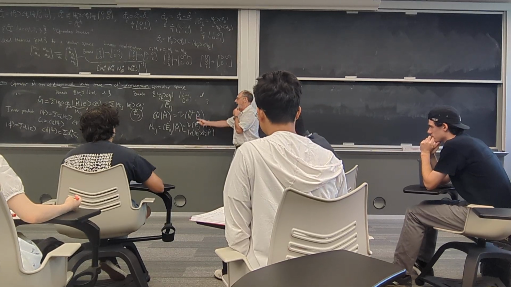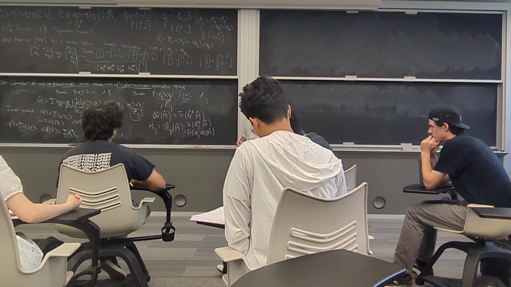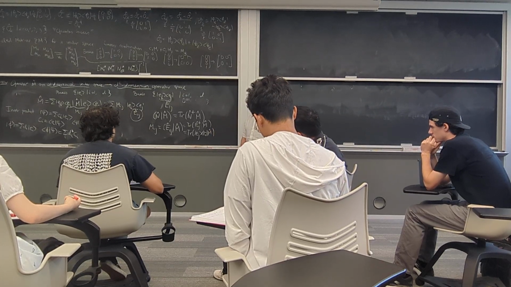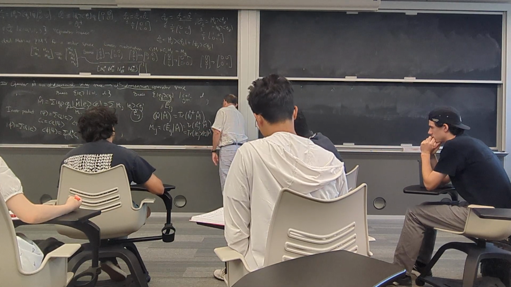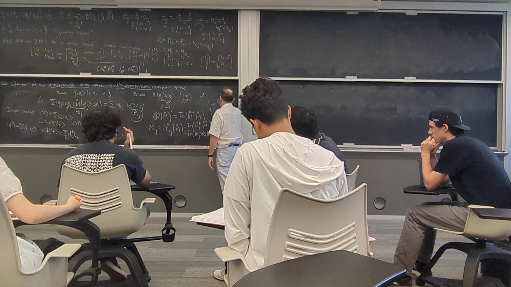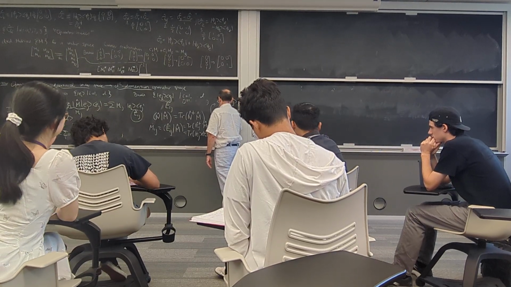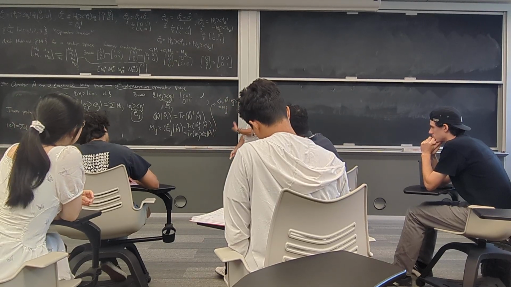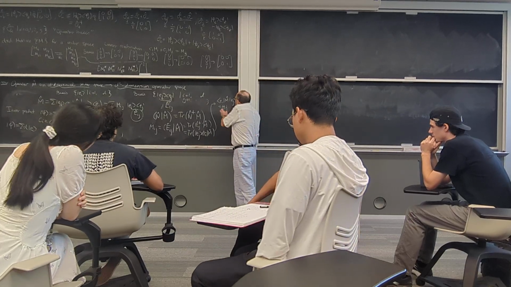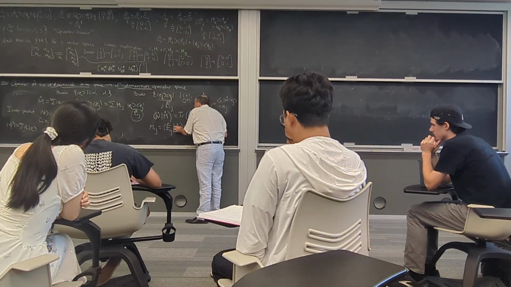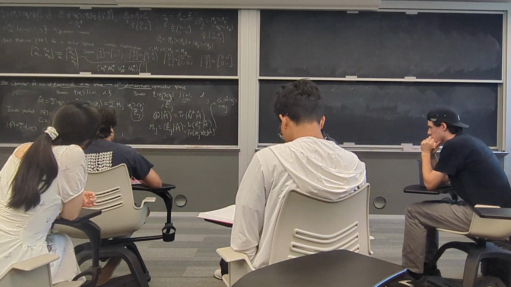I replaced the dagger by the flipping of the bra and the ket. And how do you take that trace, my friends? That's right, it's the click rule, which means this is equal to this, so that gives you the matrix element. The matrix element is the projection of this operator onto this basis operator. It's another way of thinking about it, another mathematical way of doing the same thing.